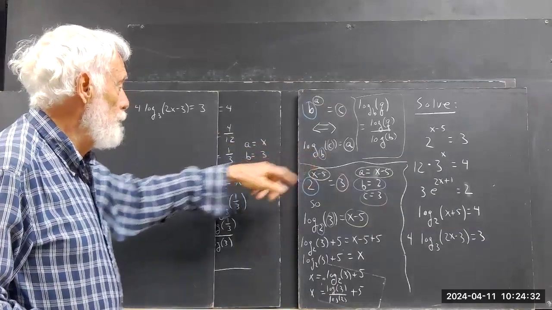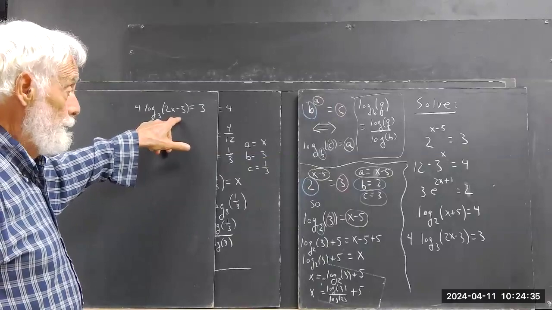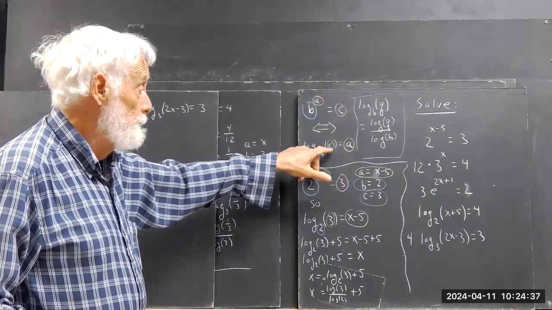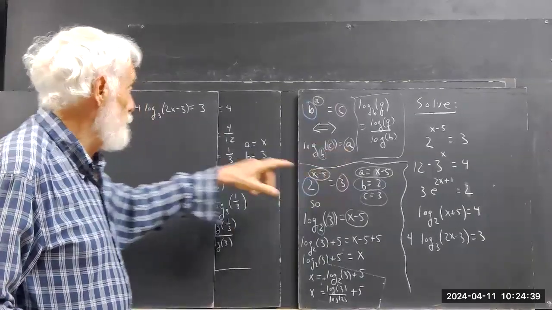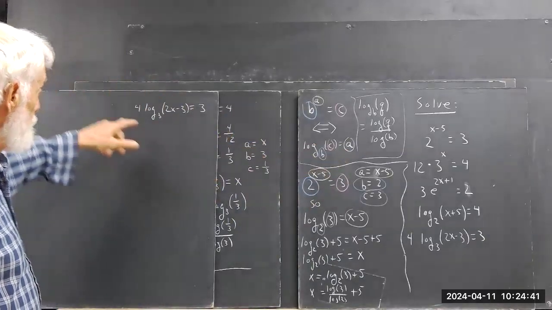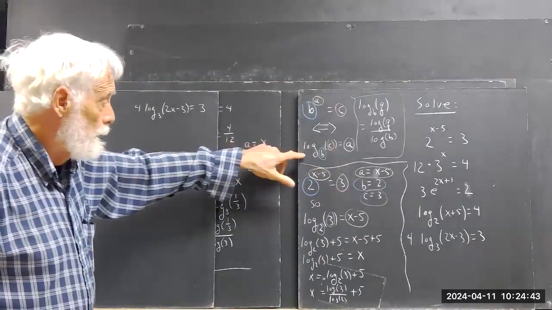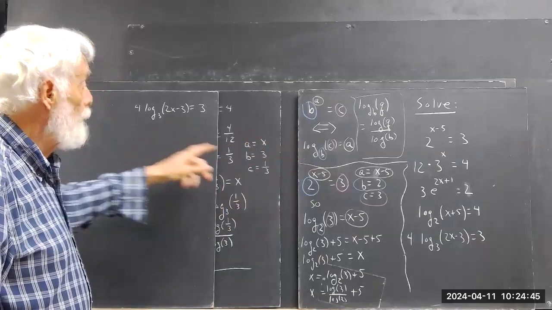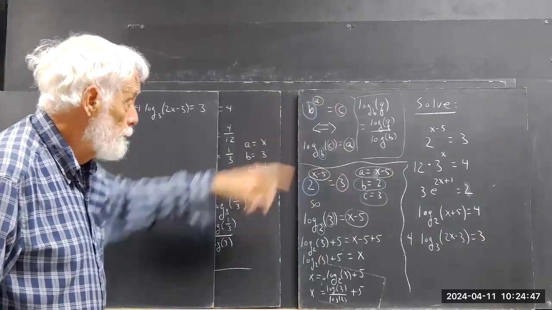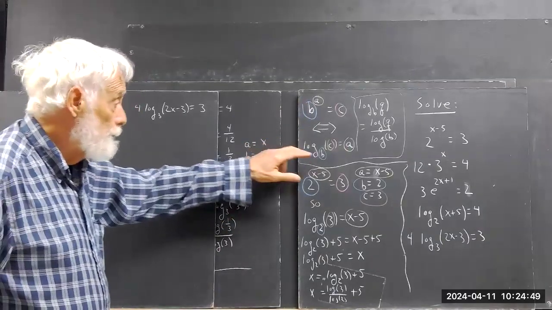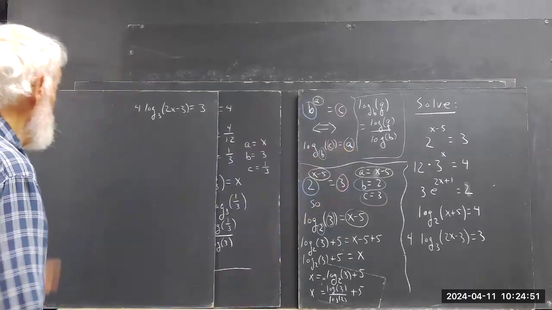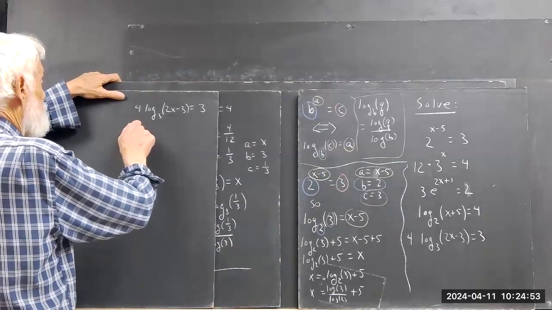We see that we have a log base b of something. So we have a log base b, we have a c. We have an a, but we don't have it yet because we've got a 4 out in front of the log. We can't have a 4 in front of the log and use this conversion. We have to have exactly this form. So we divide both sides by 4.